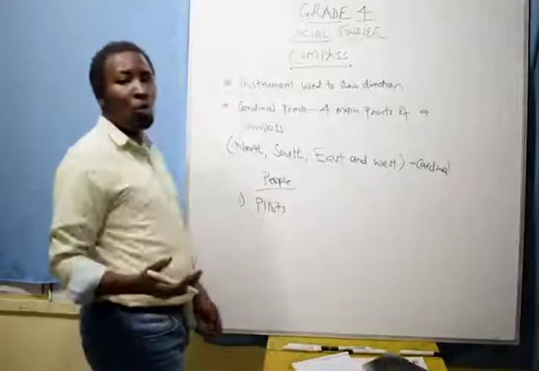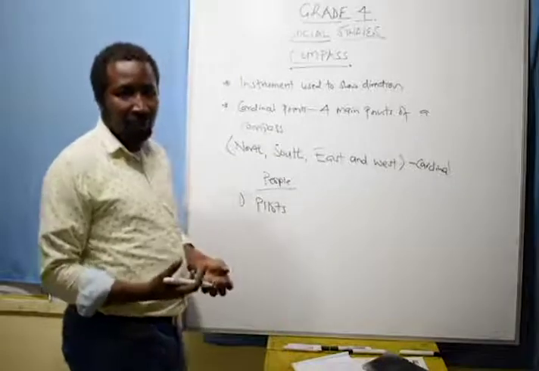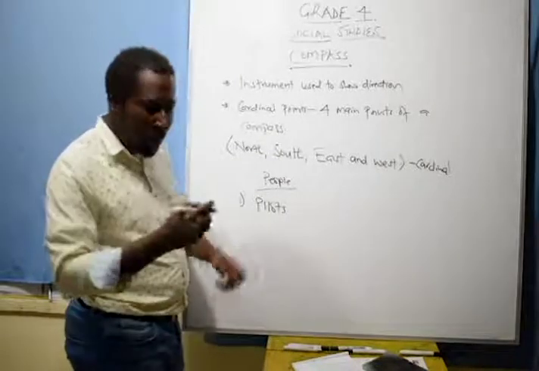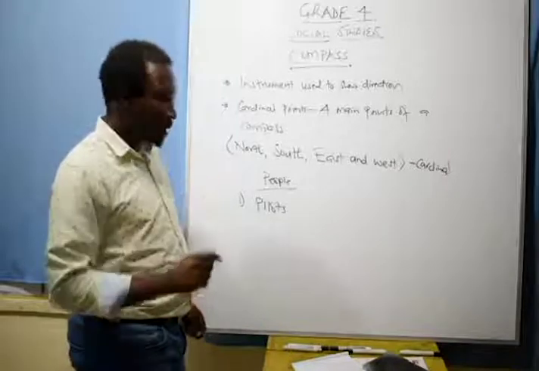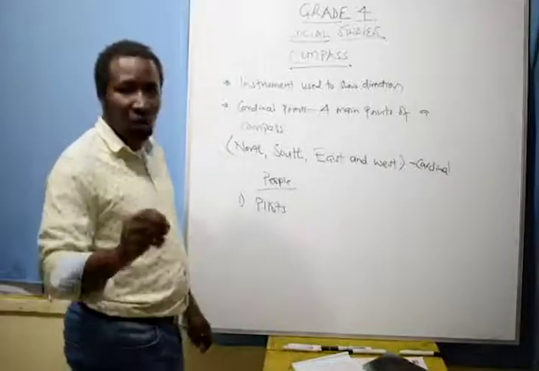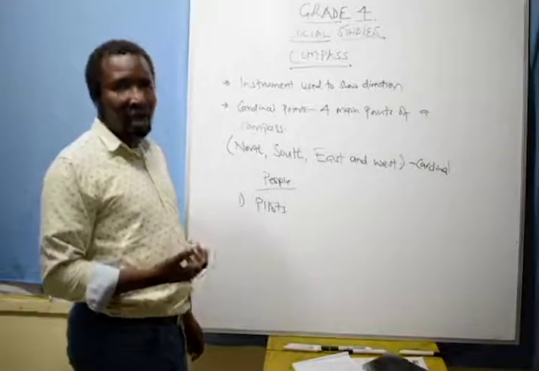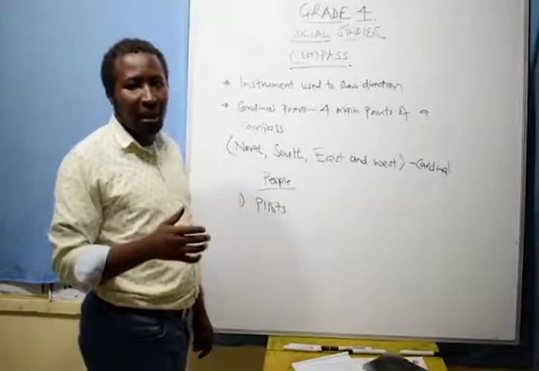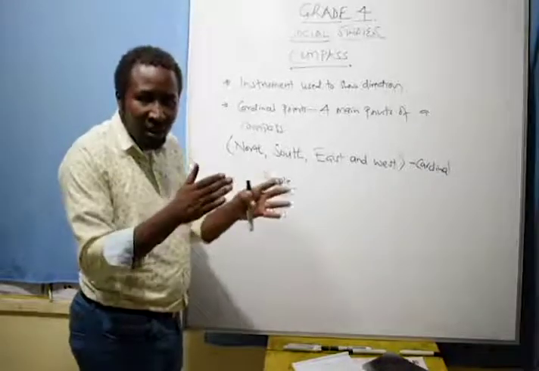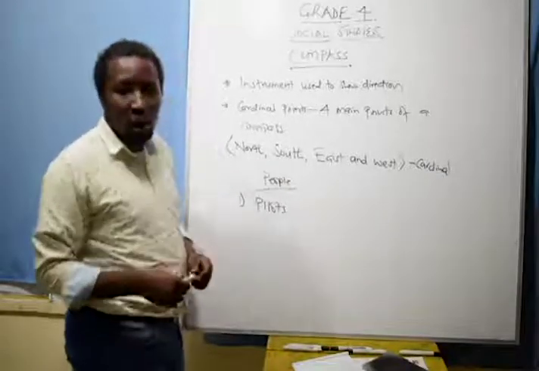For those people who want to do piloting as a course, the number 1 important instrument you are required to use is a compass. So a compass is essential for pilots as they take care of the aeroplanes up in the sky. What guides them, what shows them direction, is what we call a compass.